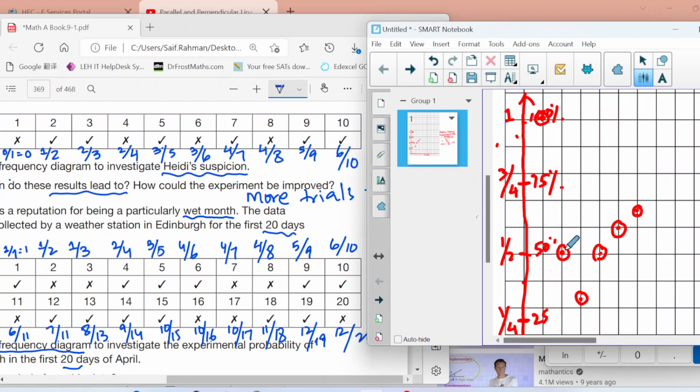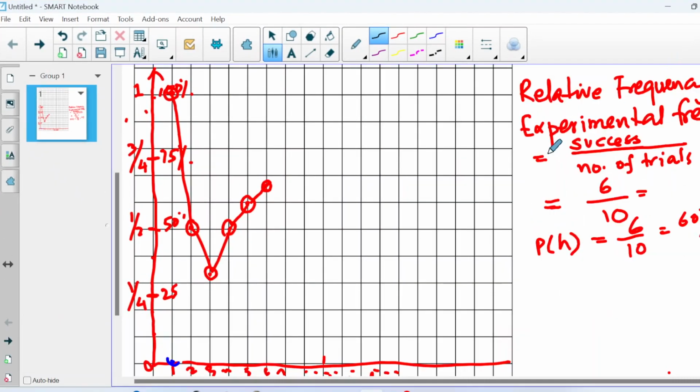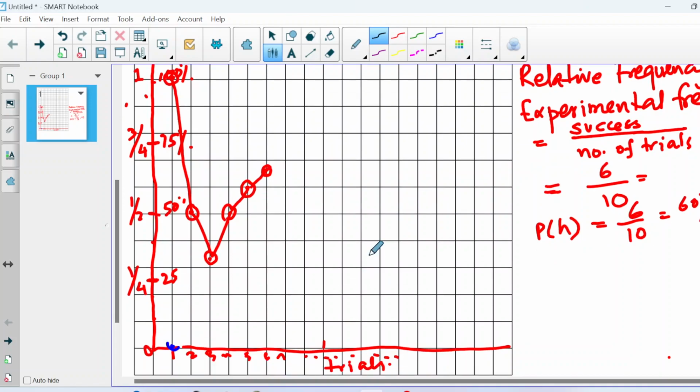In the same way, after plotting all the data points, you can just connect the lines and show a diagram here. Okay, so this is how we can plot it here.